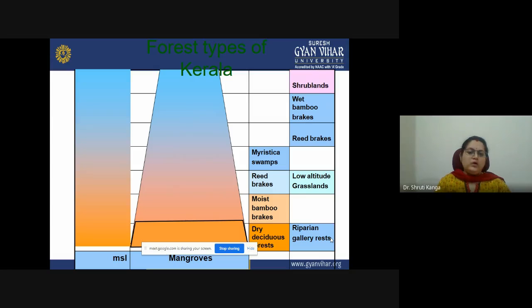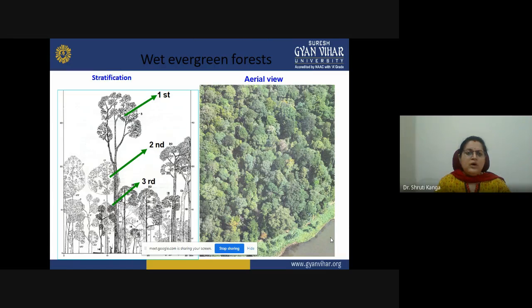So, according to that case study, Kerala has these kinds of forest types, where we have these many types of forests. Now, this is the wet evergreen forest, and this is the aerial view of this forest. And there we can also study the stratification.